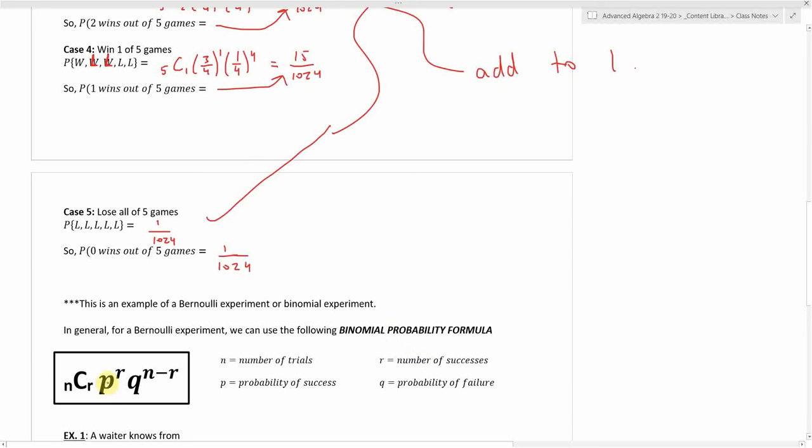And then we want to multiply by the probability of success, the probability of winning, raised to the number of wins, number of successes, times the probability of failure, losing, raised to the number of losses, which would always be the difference between the number of games played and the number of wins, or the total number of trials minus the number of successes, n minus r. So this is our formula for a binomial setting.